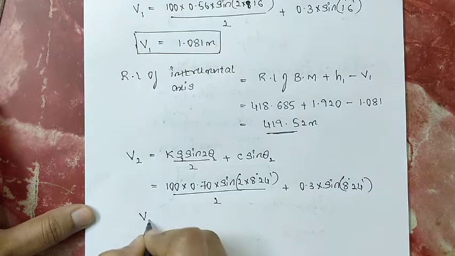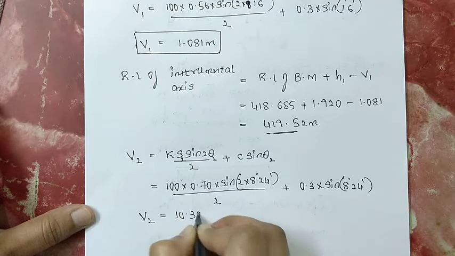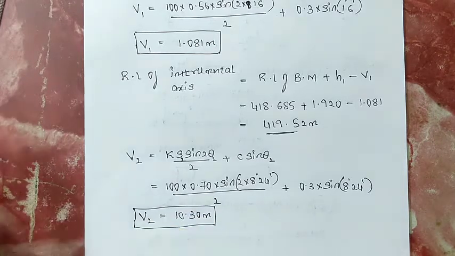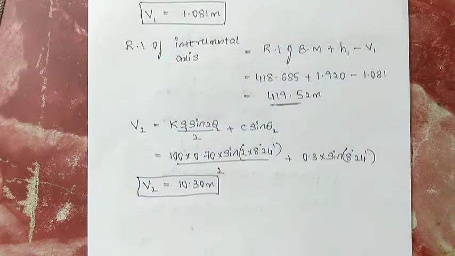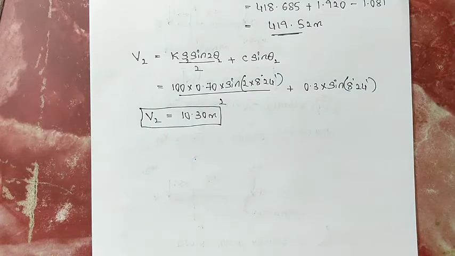Then calculate the V2 value. V2 is given by 10.30 meter. Once you have calculated V2, you need to calculate the RL of B station.